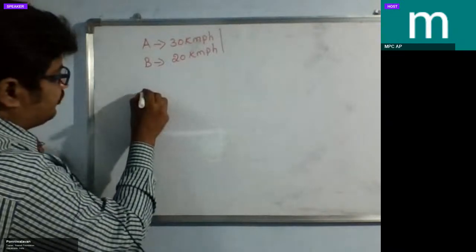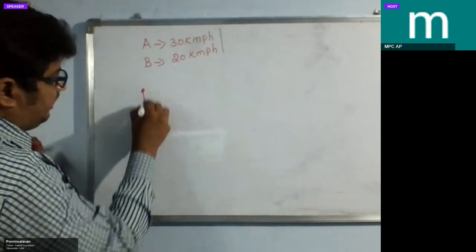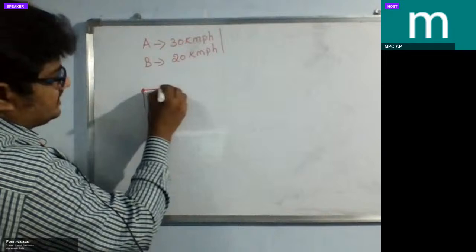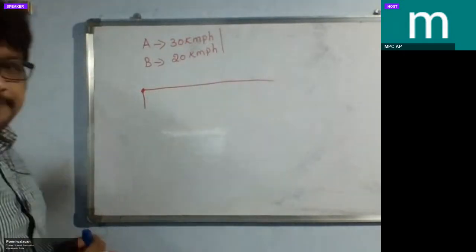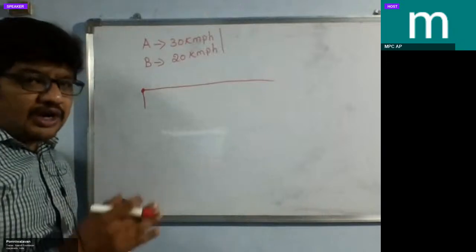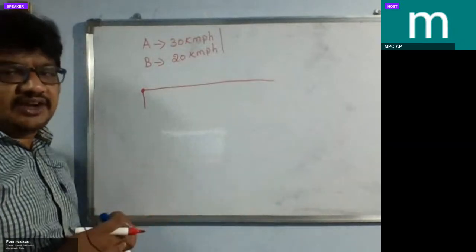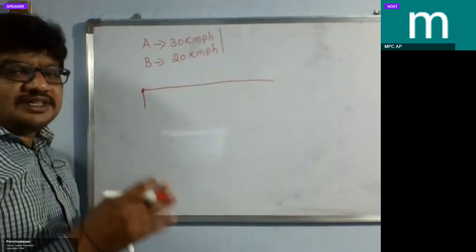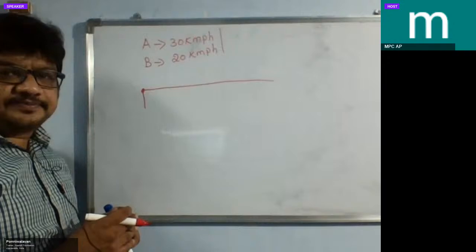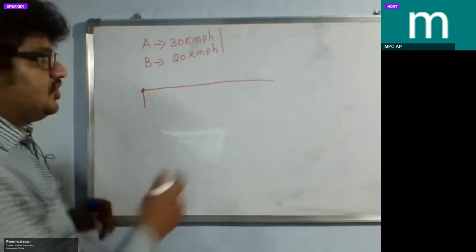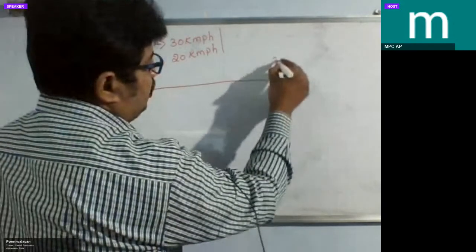From this starting point, A travels for 1 hour, so what is the distance he can reach? 30 kilometers. That's very good.